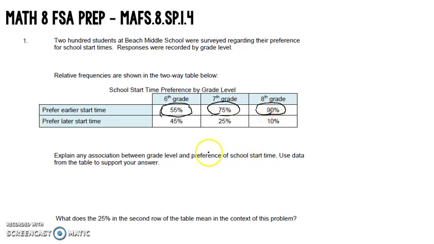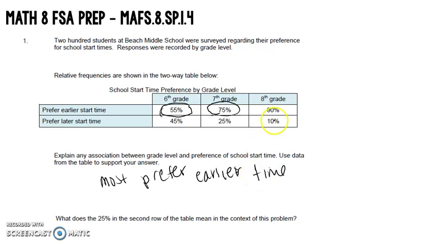And in 8th grade, 90% prefer an earlier start time. So what we can say is that as the grade level increases, the percentage of students wanting an earlier start time increases. And that overall, most of the middle school wants an earlier start time.